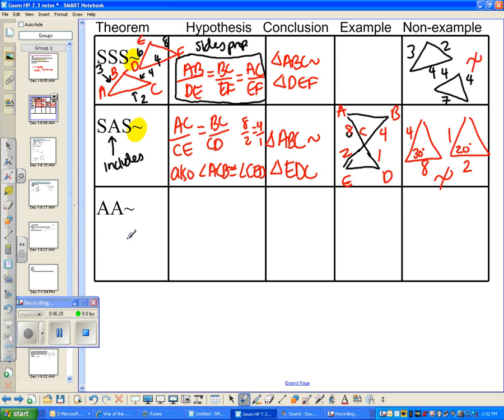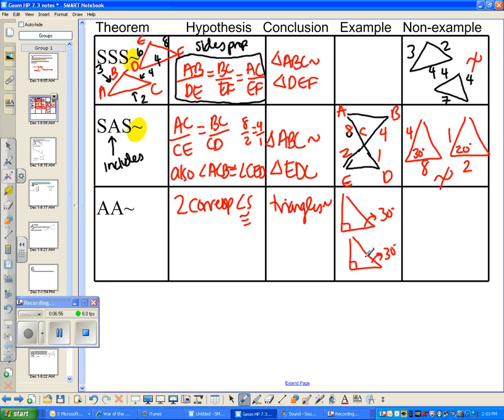Okay, one we haven't talked about in congruent triangles is angle, angle. Angle, angle means if we know two corresponding angles are congruent, then the triangles are going to be similar. So an example would be, let's say I told you that this angle is 90, so we have two sets of 90 degrees, and then we have a 30 degrees here and a 30 degrees here.